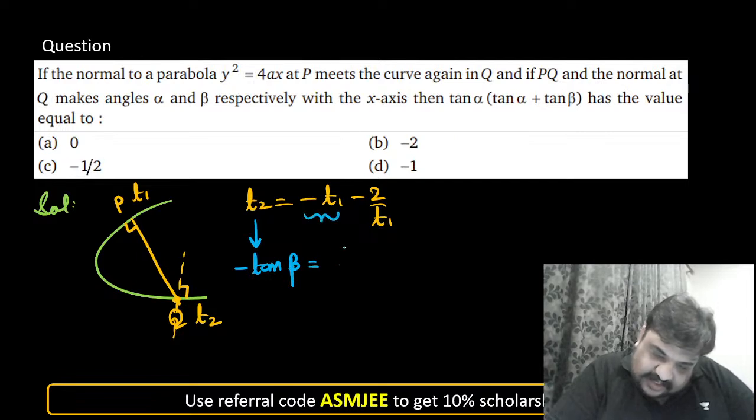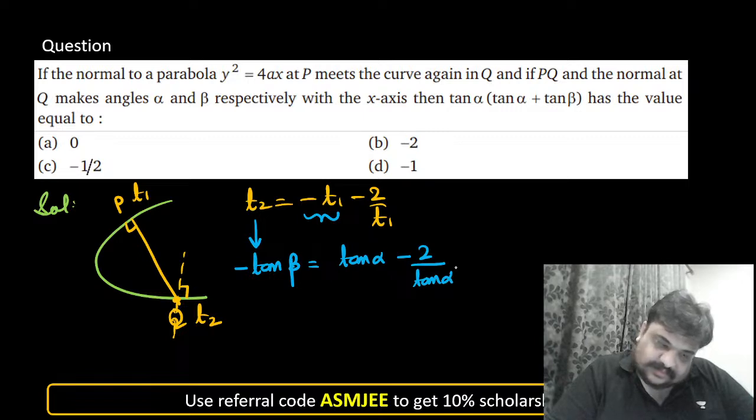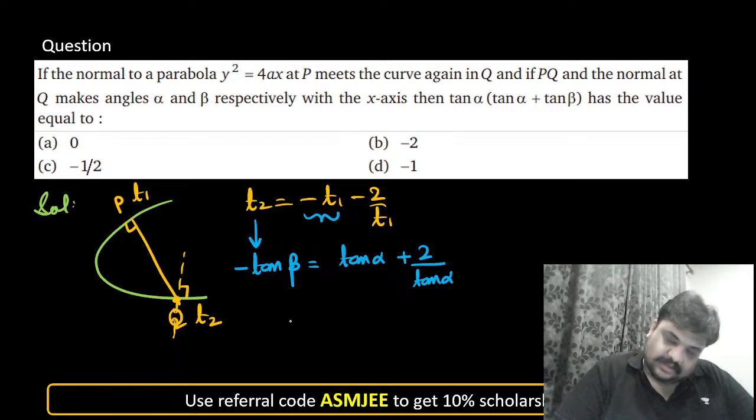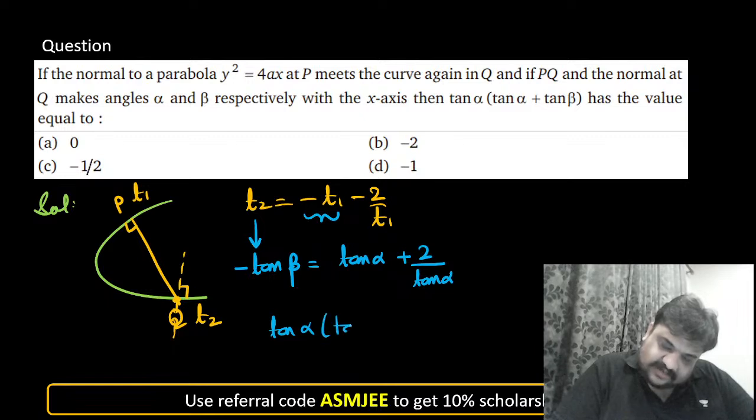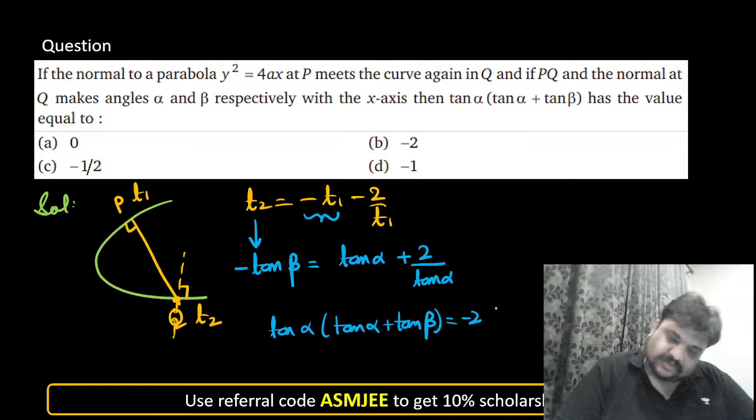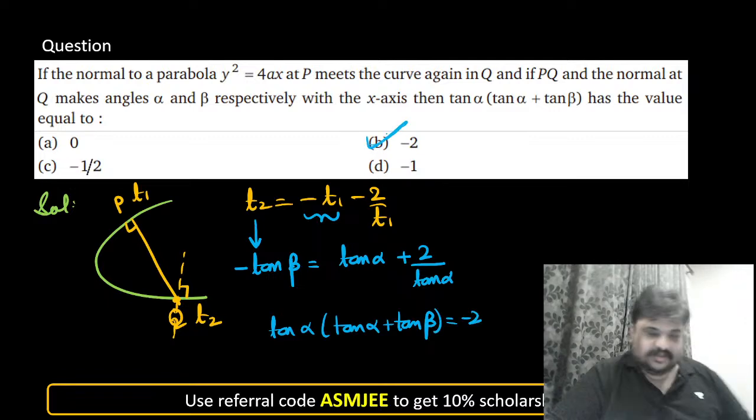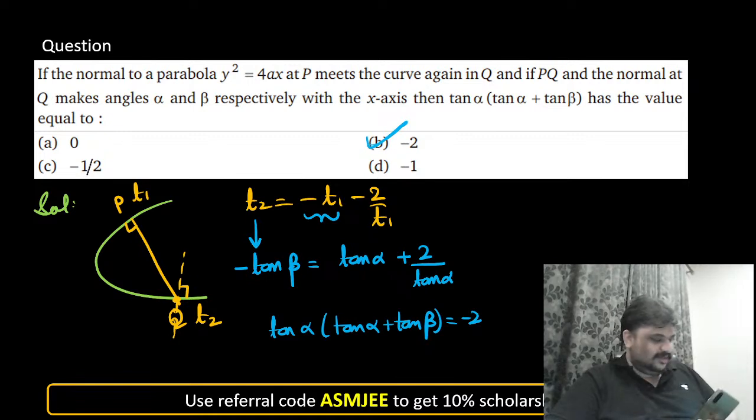This will become tan alpha, with plus. So I think tan alpha into tan alpha plus tan beta will be minus 2. Cool question. Some people might be actually trying to find the angle.